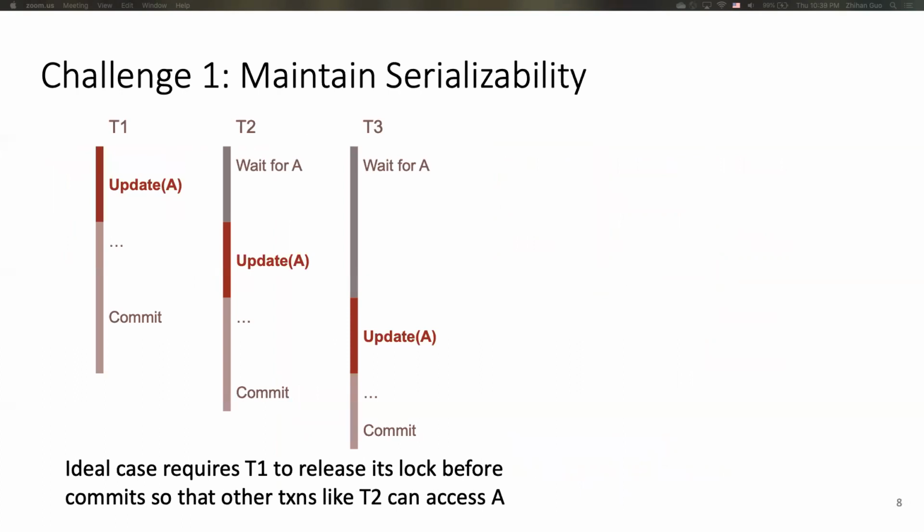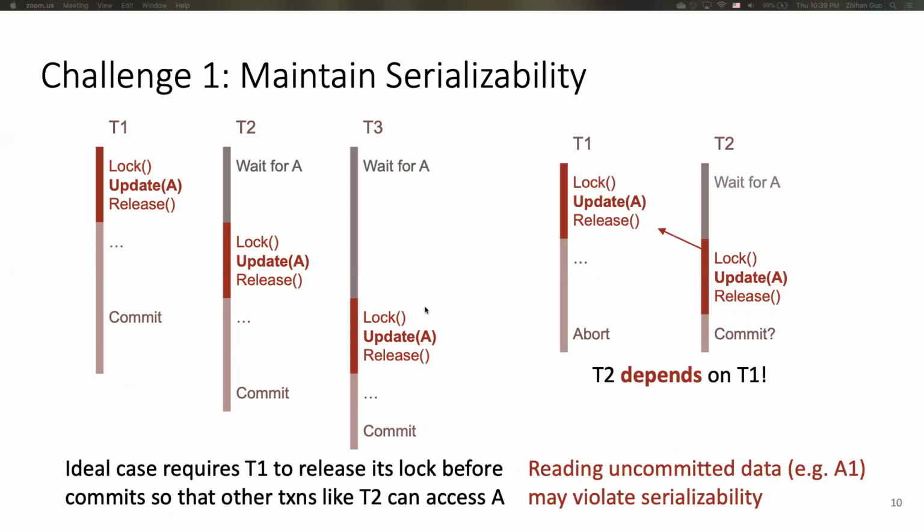Here in the figure, we showed previously the ideal case. In order to achieve this, it requires T1 to release its lock after updating A, so that T2 can access A before T1 commits. This clearly violates the two-phase rule, and as a consequence, it may violate serializability as well.